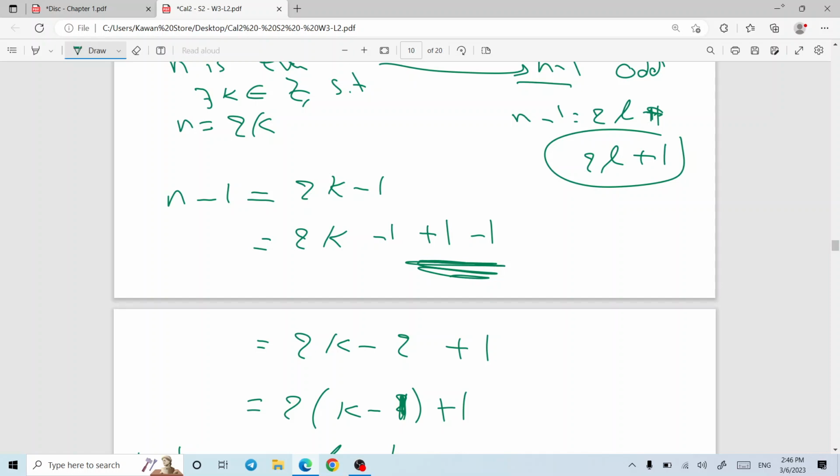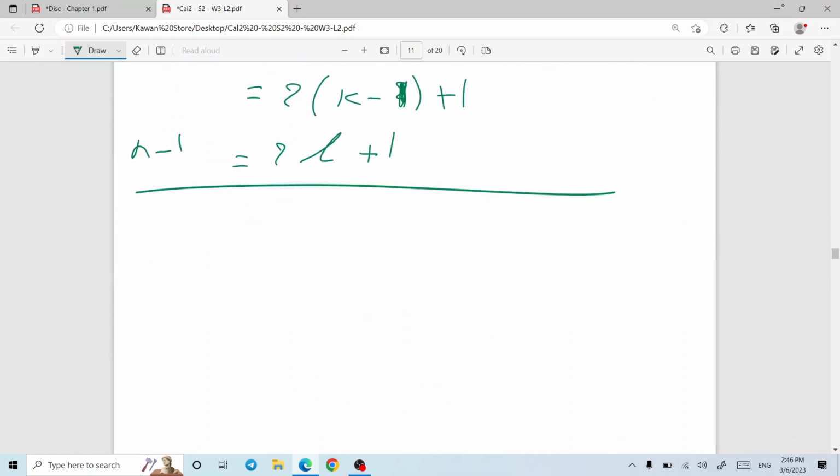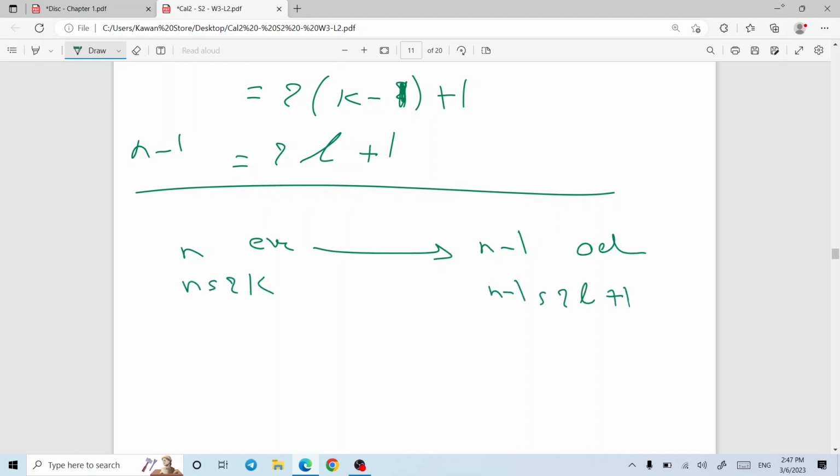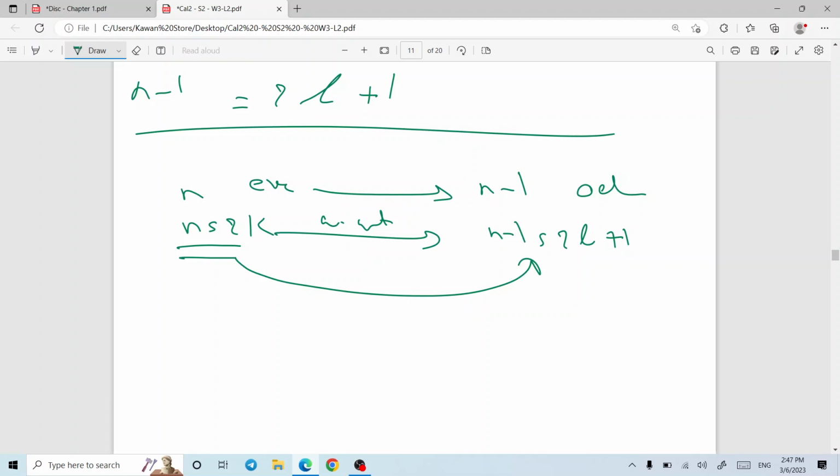Quickly repeating. N is even means n equals 2k. N minus 1 odd means 2l plus 1. So show me that one. Because n is equal to 2k, then n minus 1 to both sides.